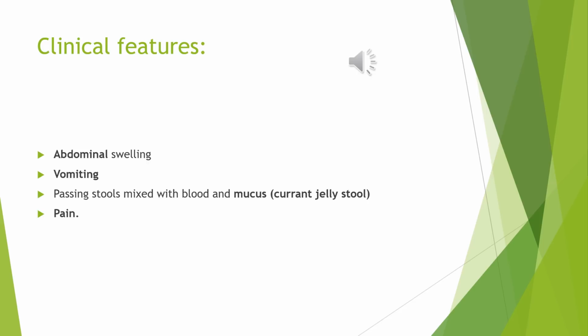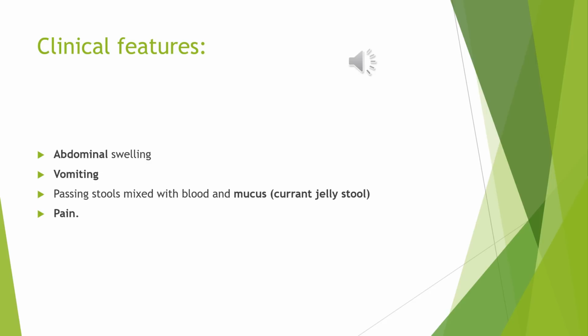So a patient in the emergency room, a kid with abdominal swelling and distension, vomiting, and passage of blood and mucus mixed stools. If the patient is older, he can complain of pain, but in patients under the age of 2, the pain is usually expressed by continuous crying and grunting.